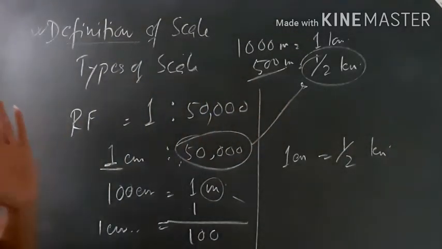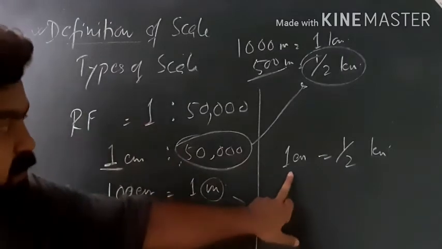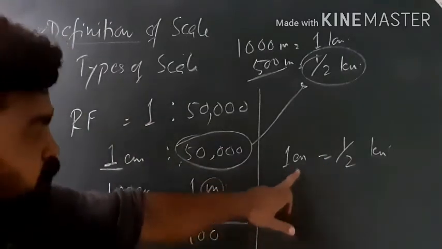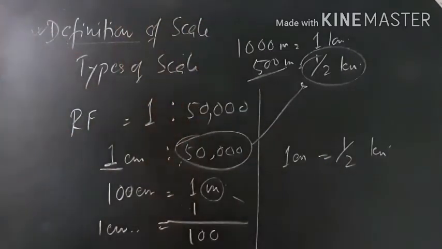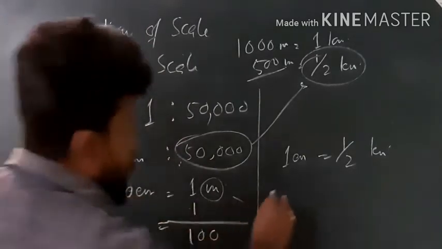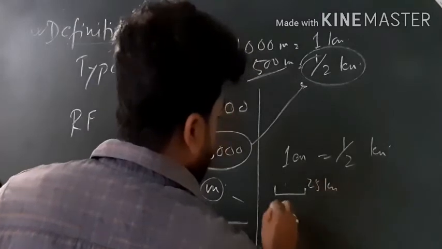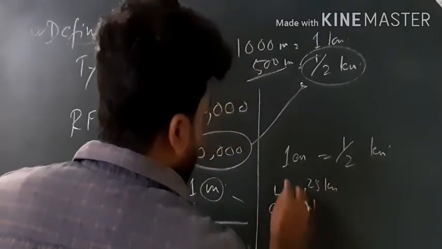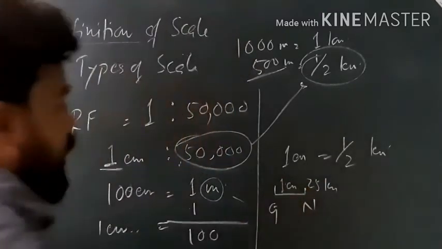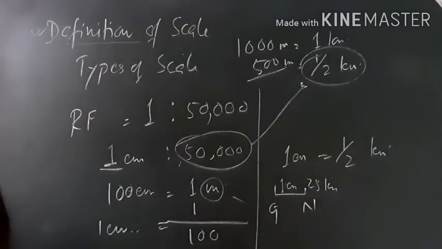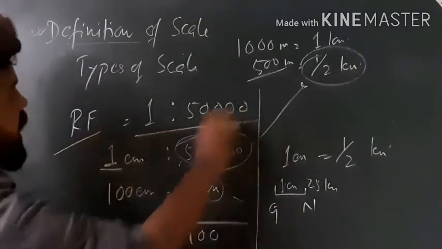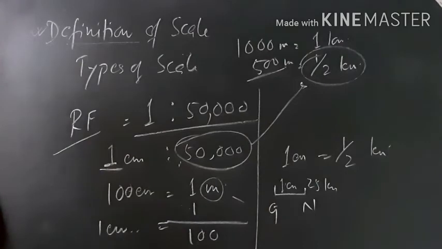So if we are showing this with 1 centimeter as a half kilometer map, then we have to draw a very large map, because from Guwahati to Nalbari, how many kilometers are there? 25 kilometers. So that would not fit within 1 centimeter distance according to the scale.